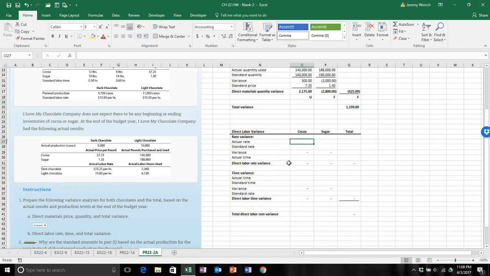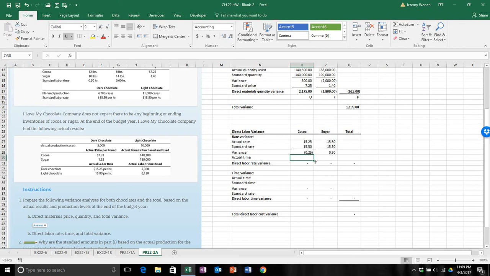And so if we start off with the actual rate, which was $15.25 and $15.80, and then we have our standard rate up here of $15.50 for both. So we have a rate variance per hour of a quarter and 0.3.